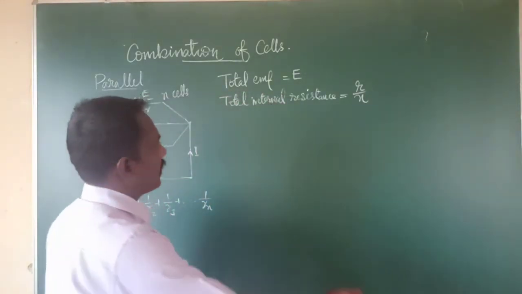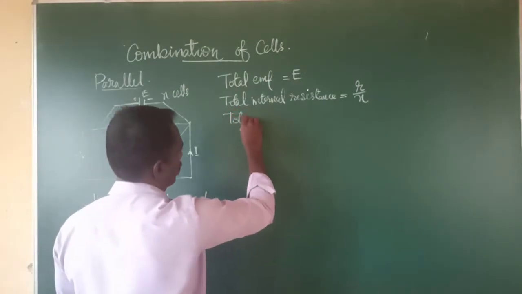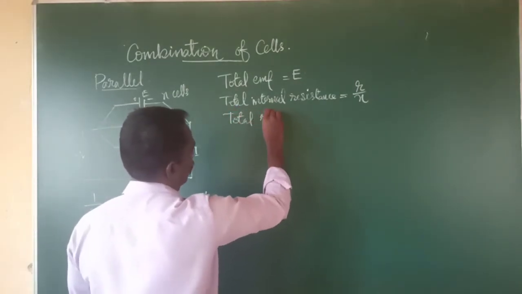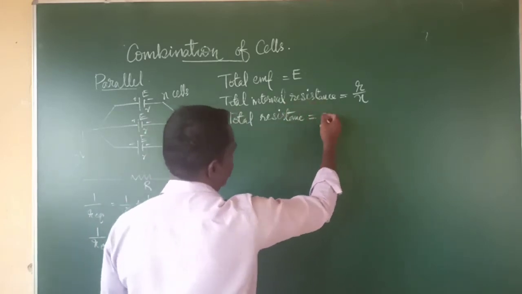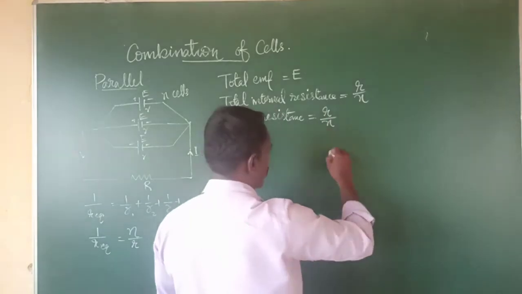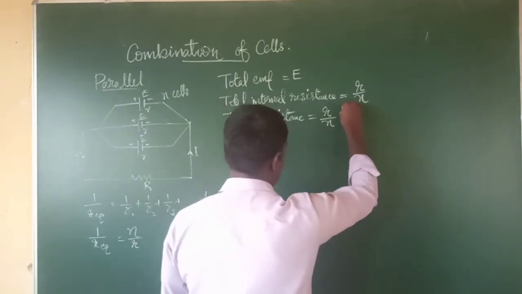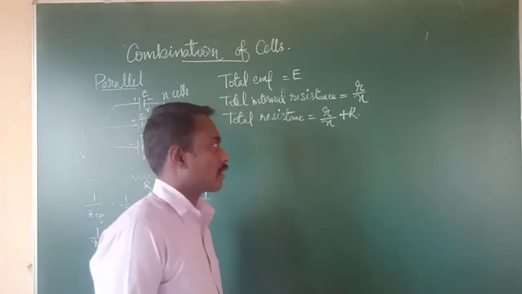If the total internal resistance of the cells is R divided by N, then what will be the total resistance of the circuit? That will be R by N, the total internal resistance of the cells, plus the external resistance capital R connected to the circuit.